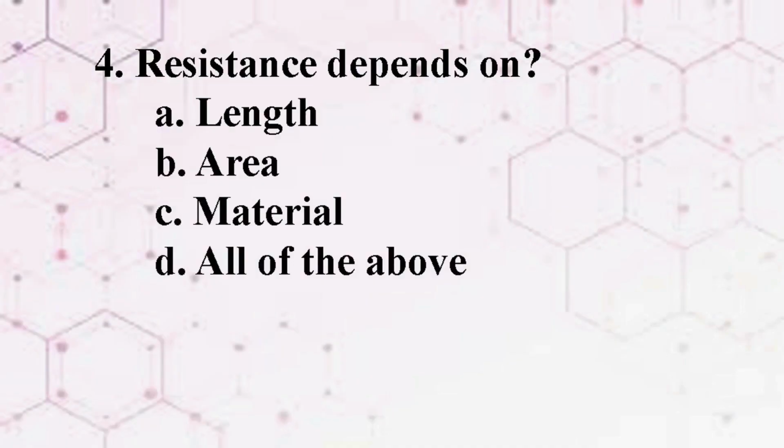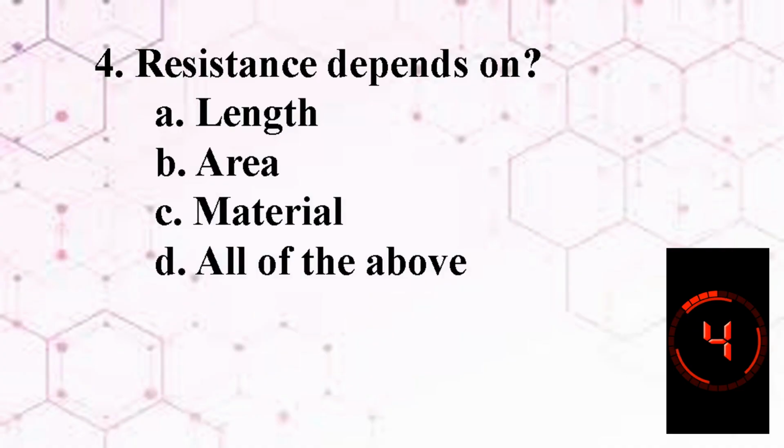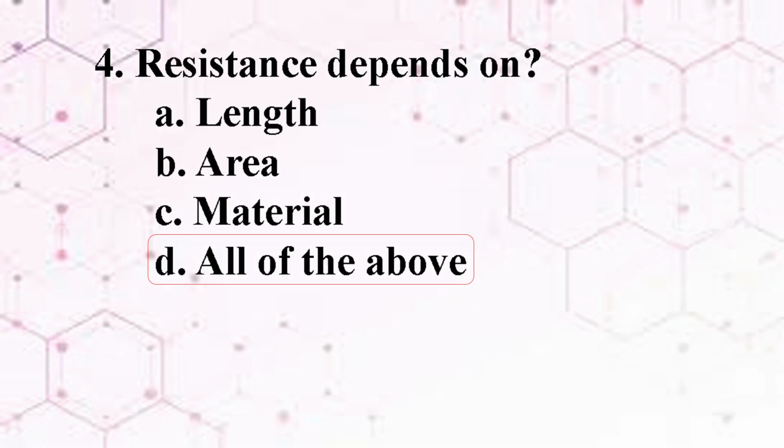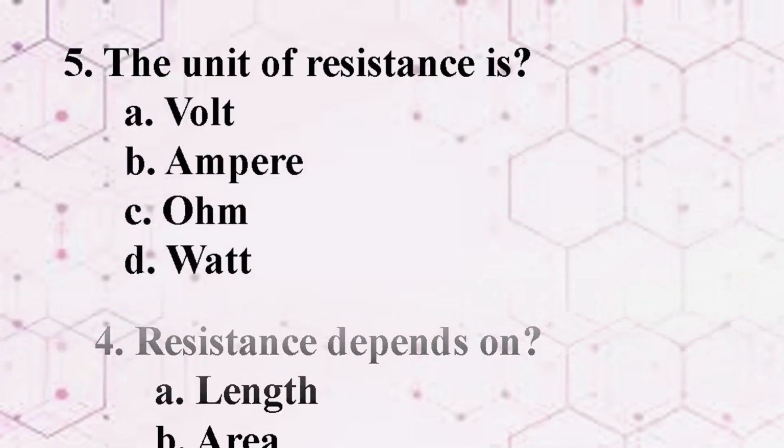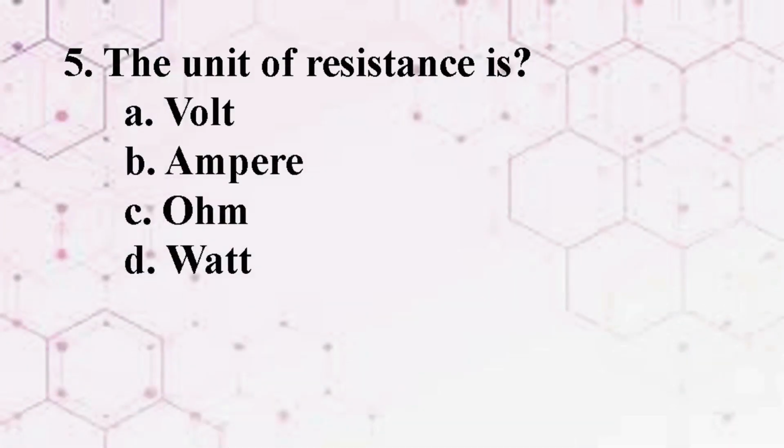Question number 4. Resistance depends upon A length, B area, C material, D all of the above. The correct answer is D all of the above. Question number 5. The unit of resistance is A volt, B ampere, C ohm, D watt.